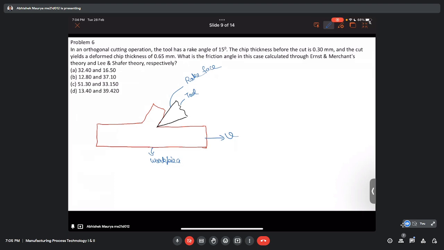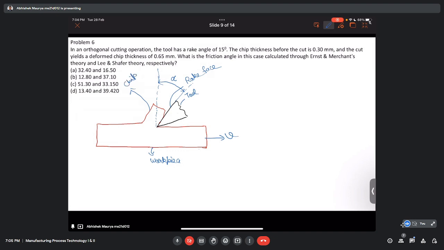And if you remember, what is this angle? This is nothing but the rake angle, alpha. So this is the tool, this is the workpiece, and what is this? This is the chip.